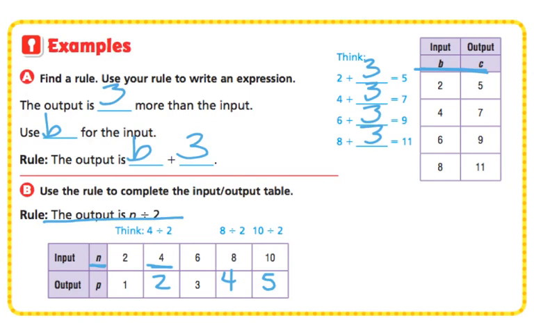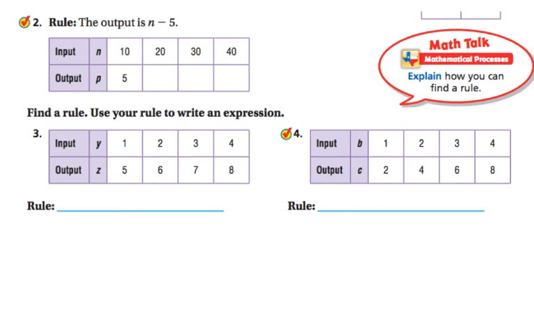Okay, let's look at another problem. For number 2, the rule is that the output is n minus 5. So I'm starting with the input of n, that's my letter, and I'm going to be taking 5 away each time. So I have a 10, and I take 5 away, and I'm left with 5. I move over, I have a 20, and I take 5 away. I'm left with 15.